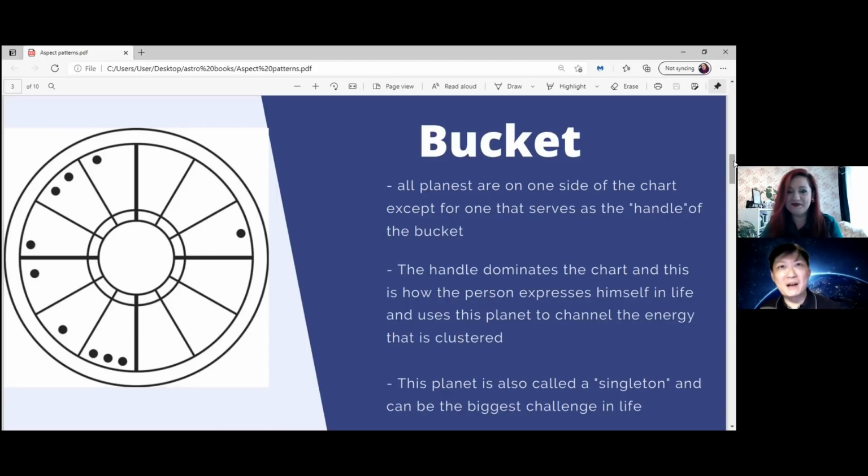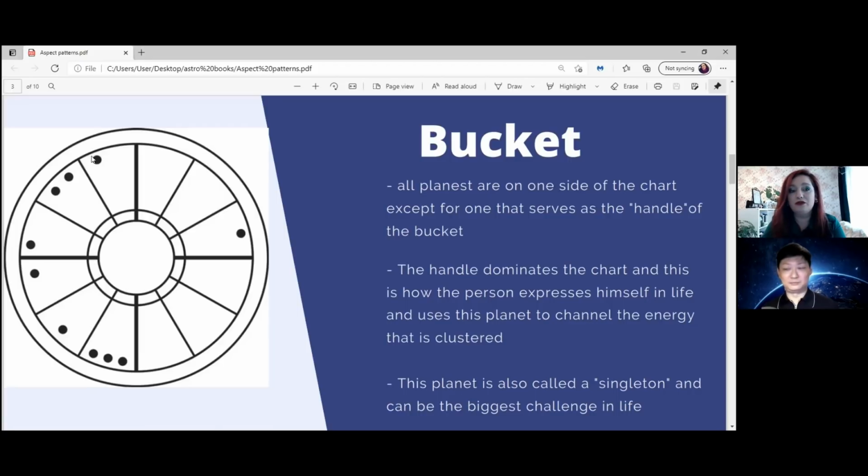I always think of the bucket as a bowl with a handle. So maybe, saying that, we can also take a look at the two planets that are forming the bowl part of the chart, and see what might be another struggle, like the last planet before the handle is also something that can be bringing some challenges in our life.